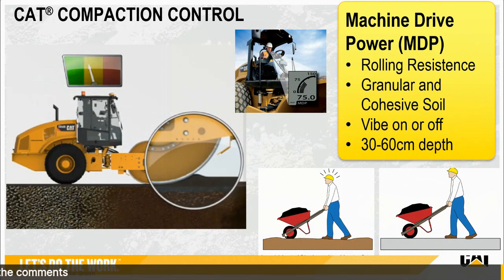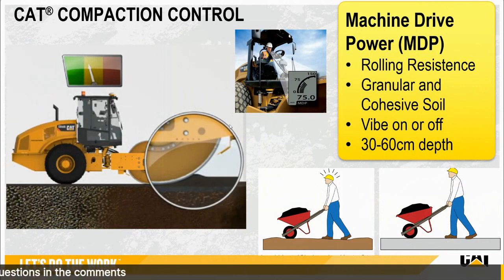You're going to encounter a lot of resistance because the soil is soft, not compacted, and is exerting a lot of rolling resistance. If the soil is stiff, compacted, solid, then you're going to encounter a lot less resistance.